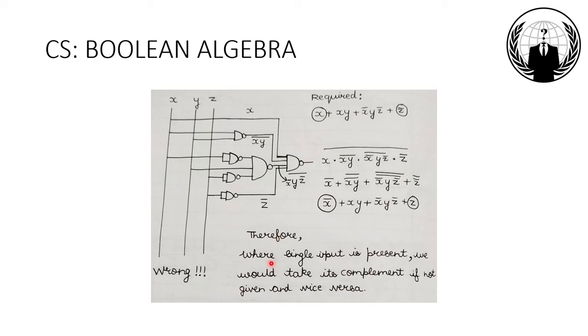Therefore, focus on these words: where a single input is present, we would take its complement if not given, and vice versa. That means in the question, if the complement is not given, we will take its complement, and where the complement is given, we will not take it, and will just simply join it with the other operators or terms.